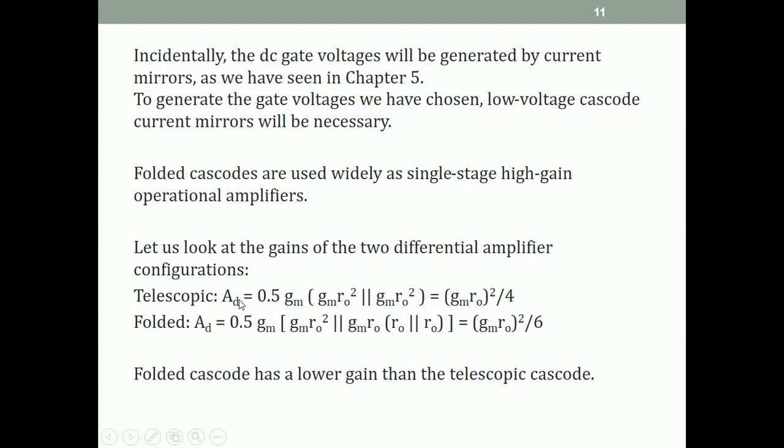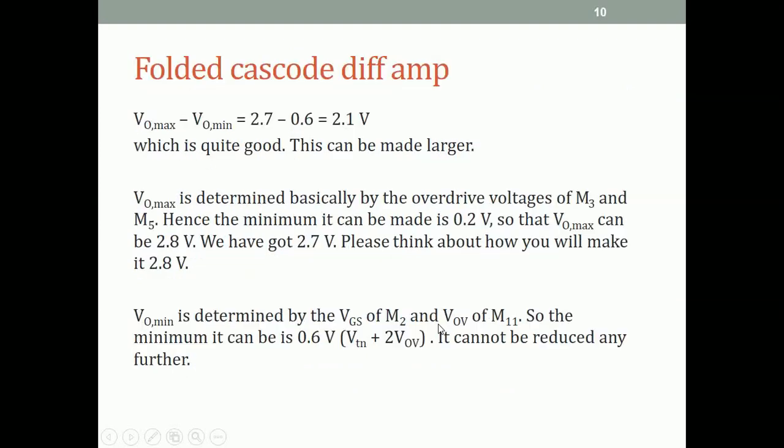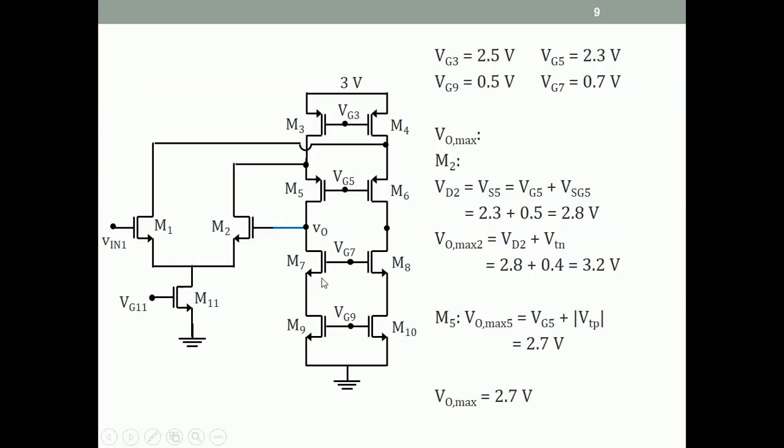So the gain of a telescopic is of the order of gmro the whole squared by 4. The gain of a folded, which we derived when we studied the single stage, single input folded, is gmro squared parallel gmro times ro parallel ro. Maybe we should go back and look at this. Ignore the shorting of the output and the input.